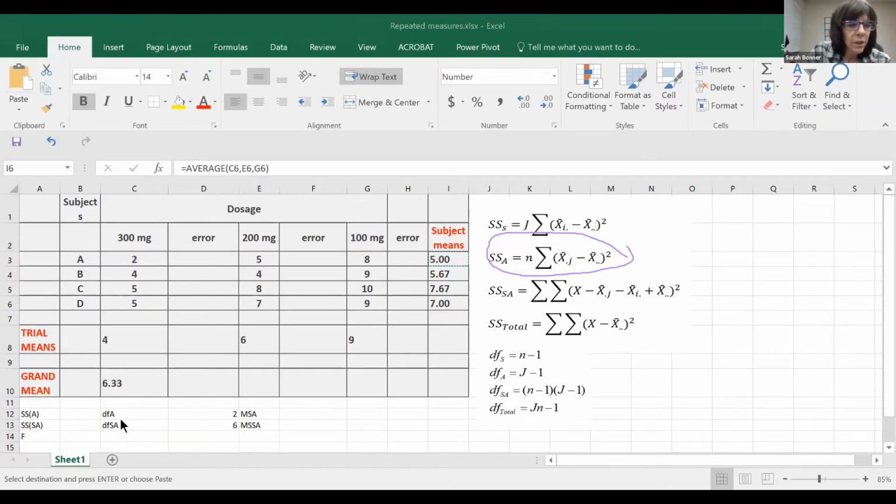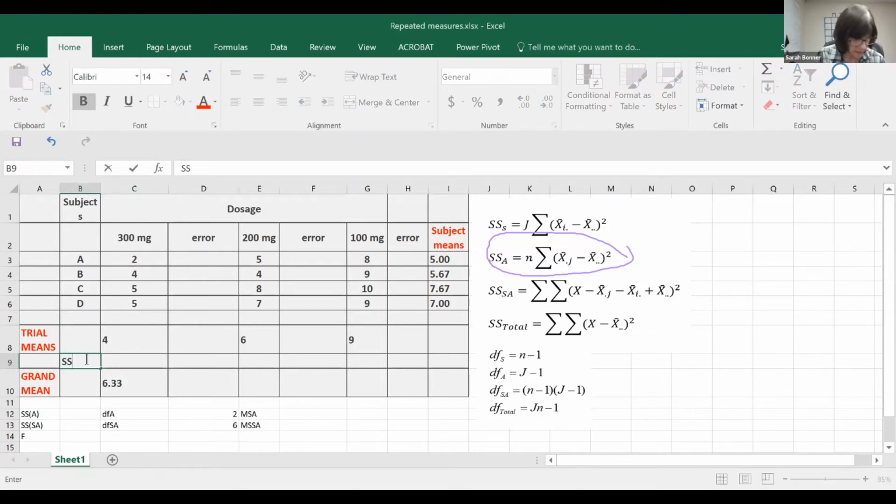So we're now going to calculate that. We're going to add up each squared deviation, and we're going to multiply that times the total number of people who are repeatedly measured. I'm going to put those, I think, here. So those are the SSA components.